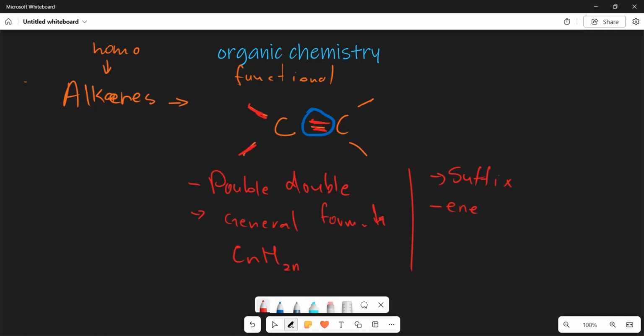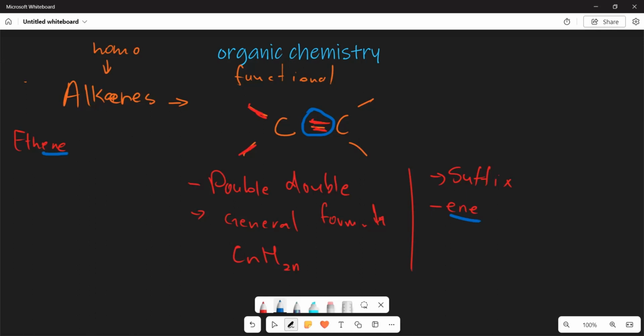Now let me get you one example of this. Let's say you are having ethene. Already from the suffix, this particular suffix, you can identify it here. Now, how is this going to be bonded?